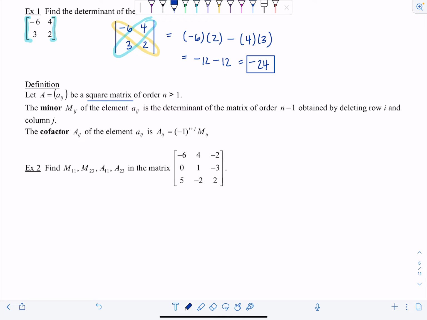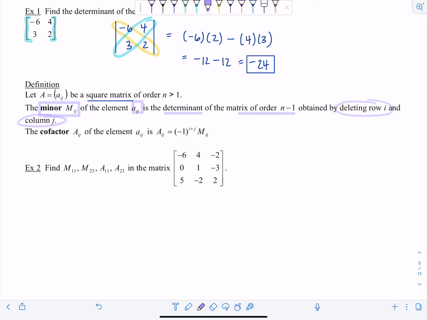So a sub ij, where i represents the row, j represents the column. We say that the minor M sub ij of the element a sub ij, so each element in a matrix has a corresponding minor, and that minor is the determinant of the matrix of order n minus 1 obtained by deleting row i and column j.